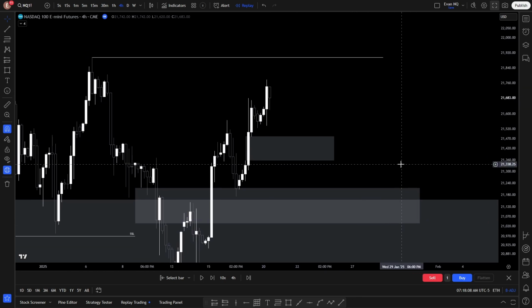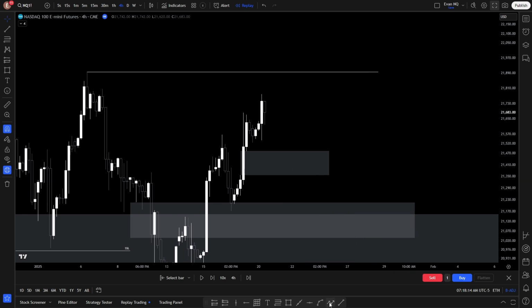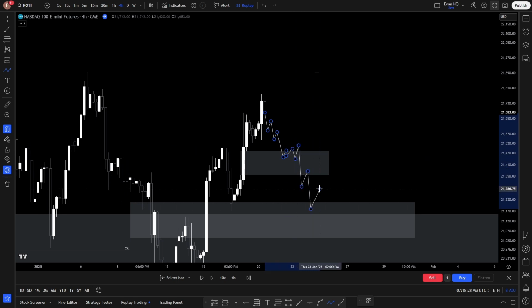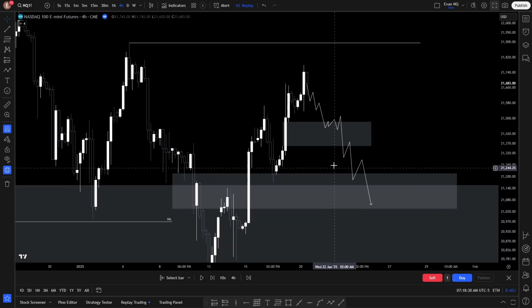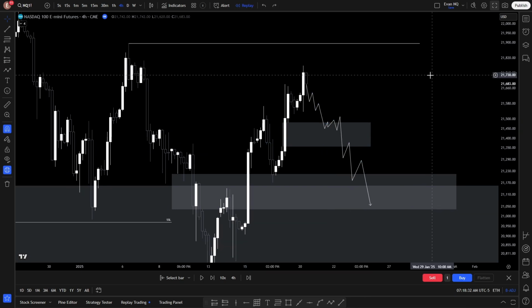But as a trader, I don't know if price is going to hold this, because price can do whatever it wants, right? Because trading is a game of probability. Price can come down here, fiddle around, and then just absolutely disrespect this and go lower. 100%, it can do that.